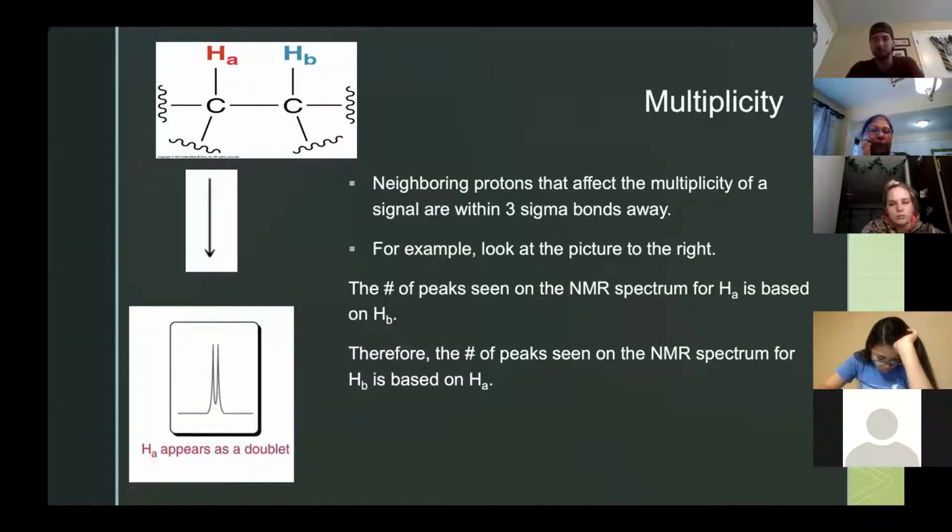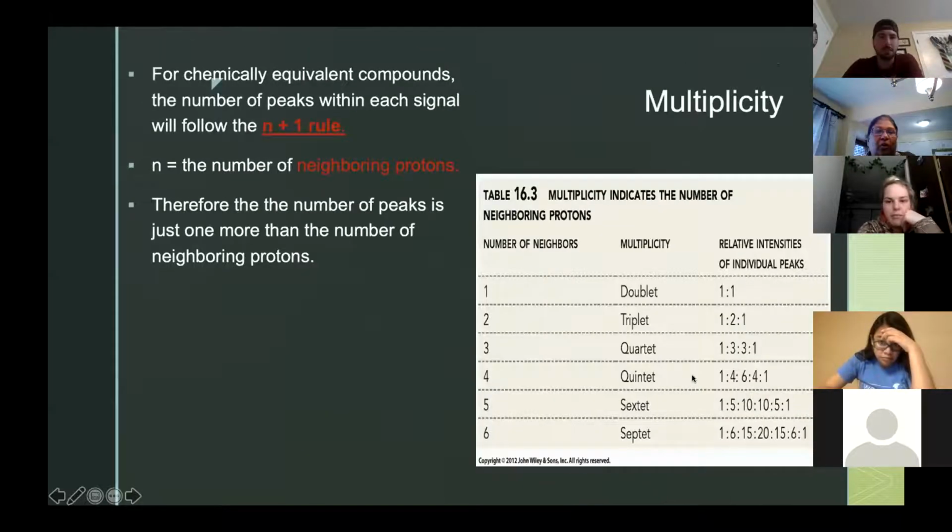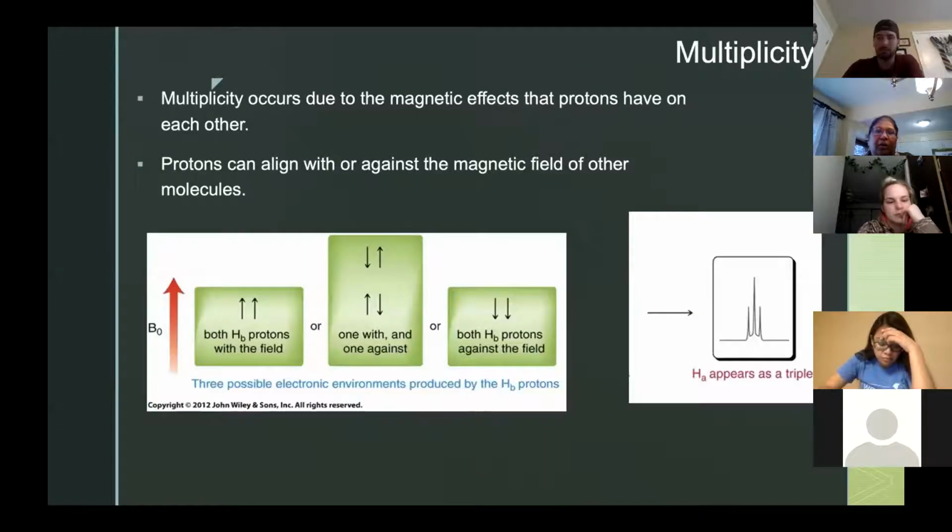So Hutch, the doublet here is because of the HB pointing up and the HB pointing down. That's why you get the doublet. If you look in that picture, it's only the HB protons that are shown. So it's only the neighboring protons that are shown.